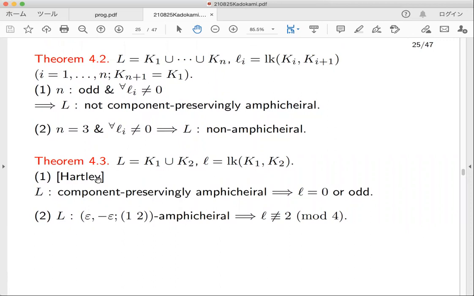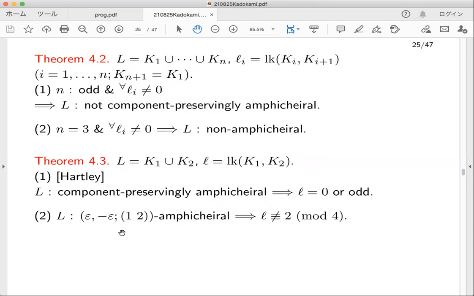The first, due to Hartley: if L is component preservingly amphicheiral, then l is equal to 0 or odd. That is, l cannot be non-zero even.